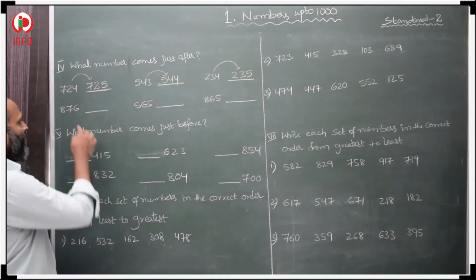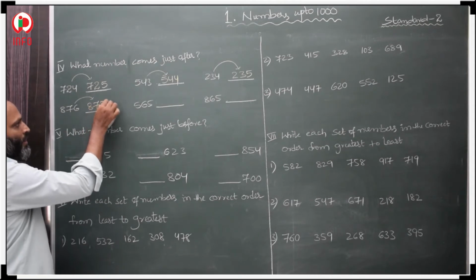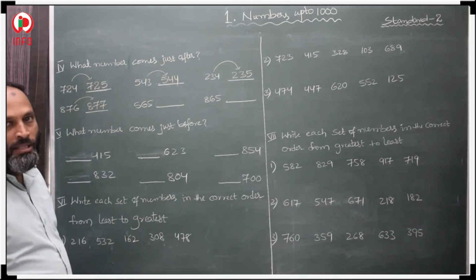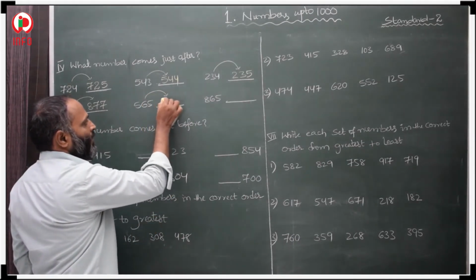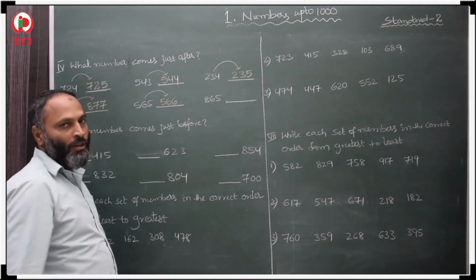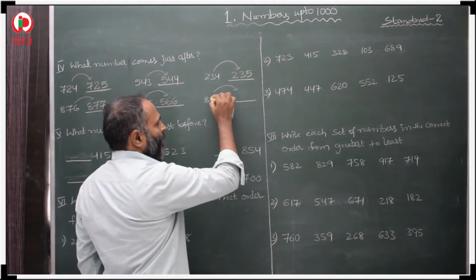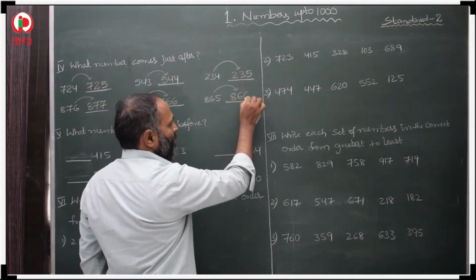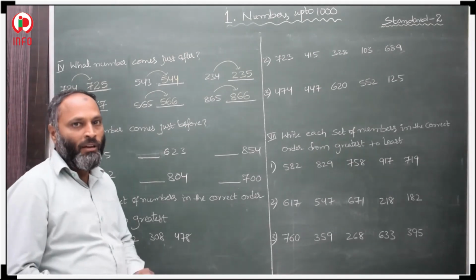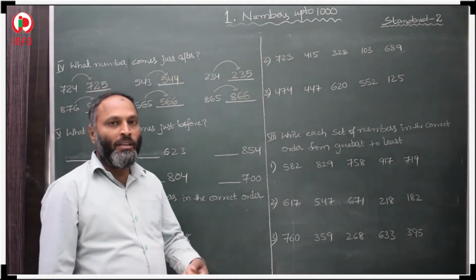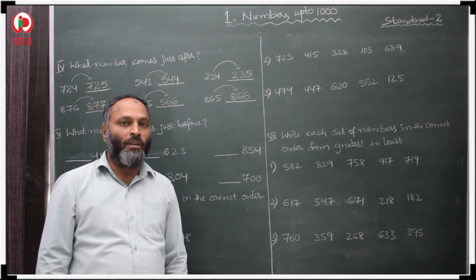Then 876, the after number is 877. 565, the after number is 566. 865, the after number is 866. The after number is the very next number. What number comes very next, that is the after number.